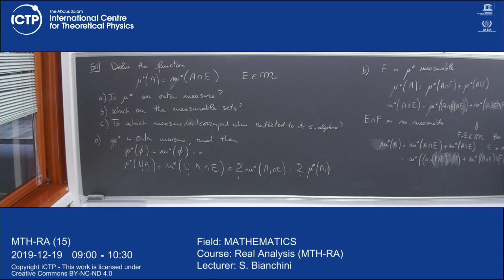And now I have E minus F plus M star, so it is this guy, plus what is left outside. Yes, and what is left, these two sum to M star, because this guy is measurable, so it's M star of A minus F. Okay, and that's it.